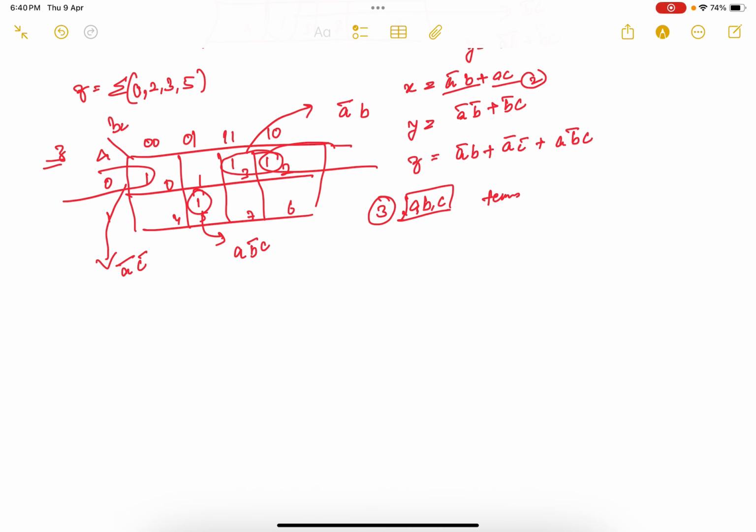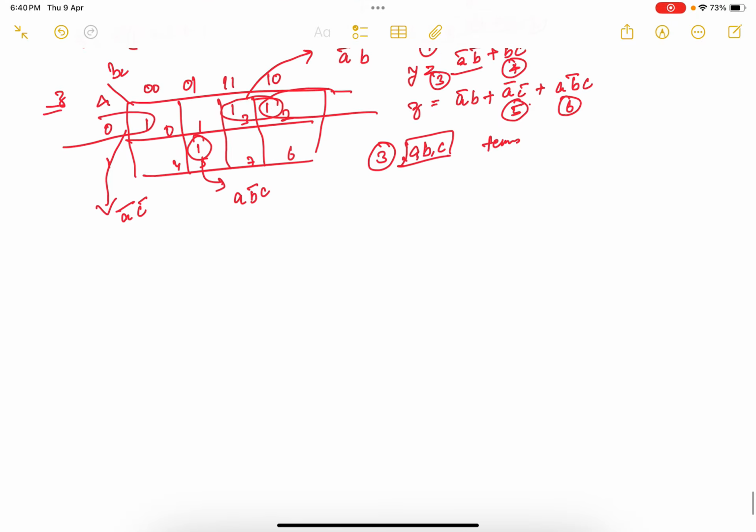AC is your second term. A bar B bar is your third term, and B bar C will be your fourth term. A bar B is already repeated, and A bar C bar is your fifth term, and A B bar C will be your sixth term. Clear?